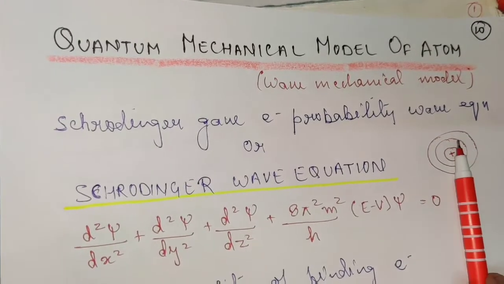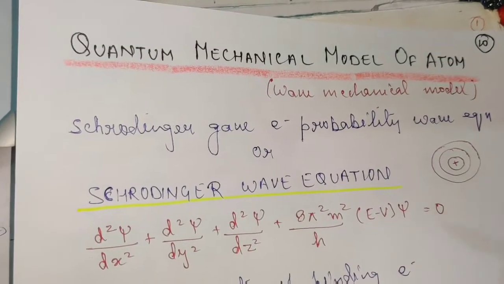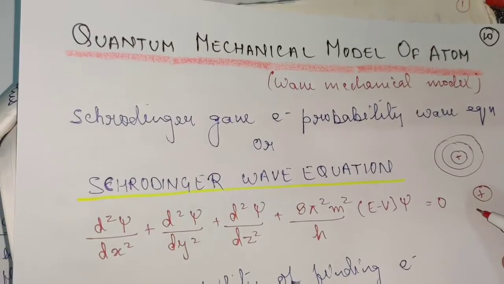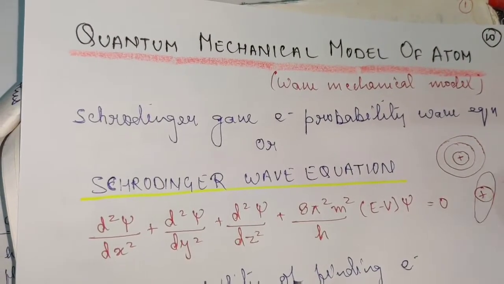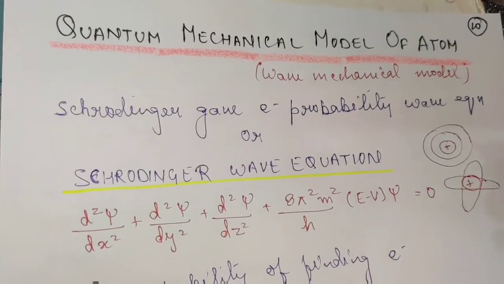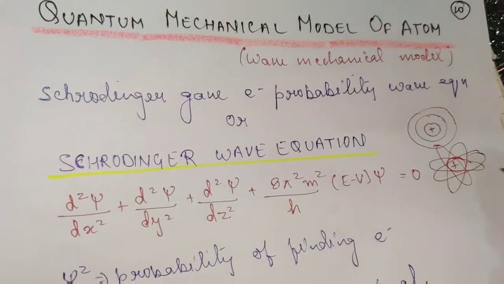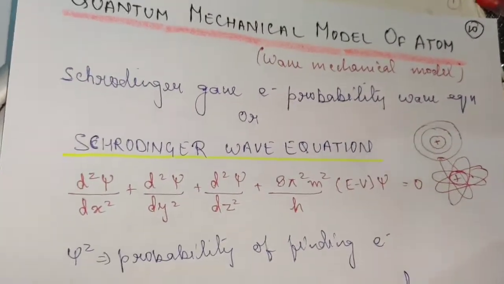But the actual figure of an atom is a centrally placed nucleus with the electrons revolving around the nucleus like this. So this is a three-dimensional figure actually.